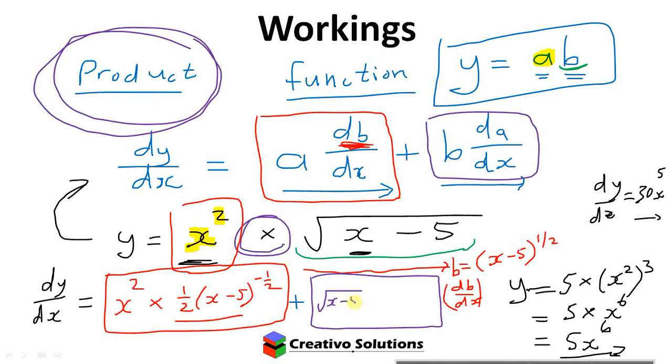What does the rule say? Write down the b and times it by the derivative of a in terms of x. So where is my a? There's my a, x squared. What is the derivative of x squared? 2x. So multiply by 2x.